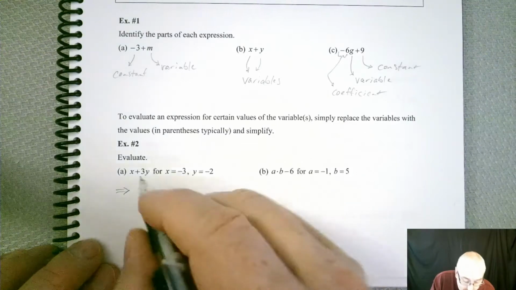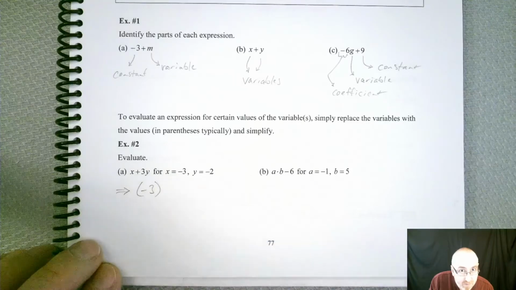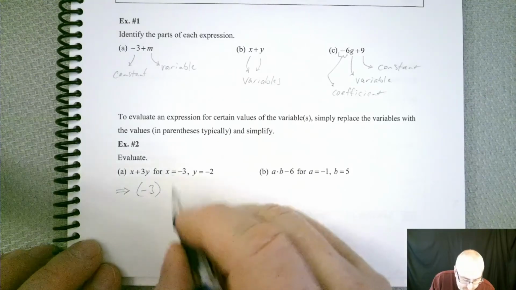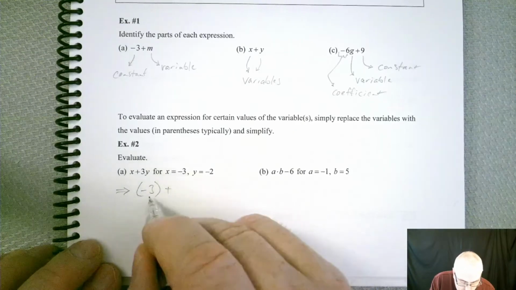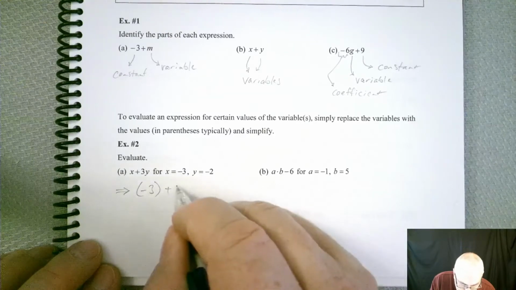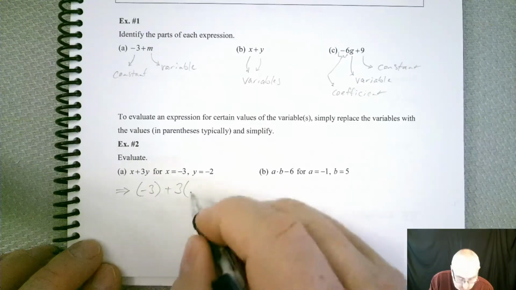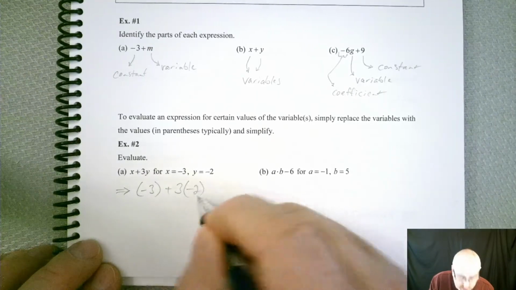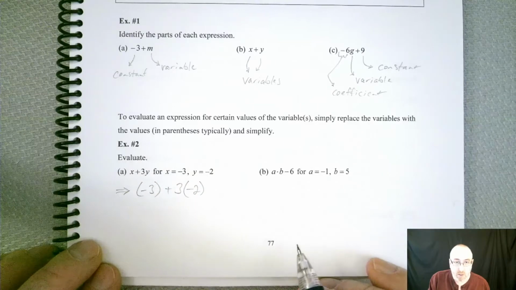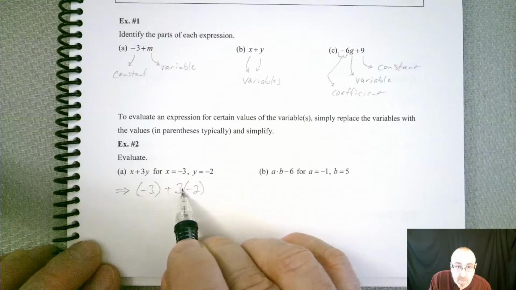You can put them in and it doesn't hurt anything, but you don't need them on the very first item of the expression. So we'll replace it with a negative 3, with or without parentheses, and then you'd have the plus 3, and then the y is negative 2, so again we want to use parentheses and put in negative 2. That preserves the fact that we want to multiply here.